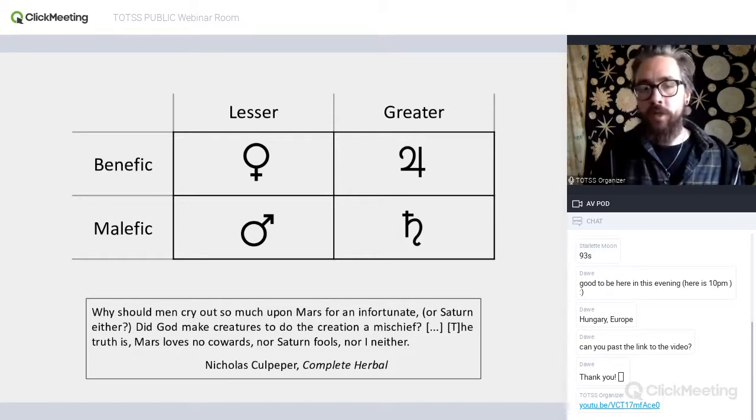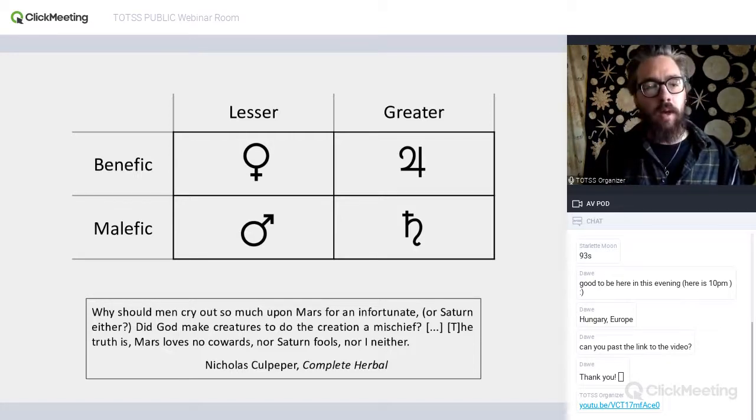Without war and conflict, there'd be no sense in talking about peace. Without fear and frightening things, there would be no possibility for courage. Without injustice, there would be no possibility for justice. So in order to talk about justice, we have to also have injustice. And our astrological system should reflect that there's both justice and injustice in the world.